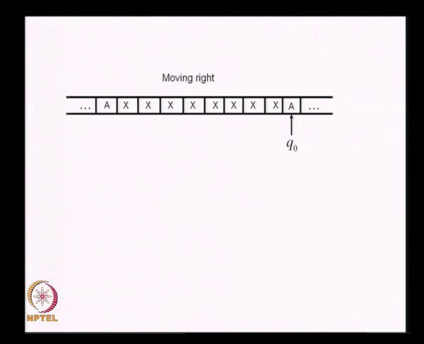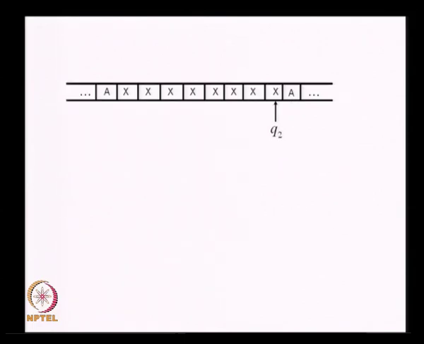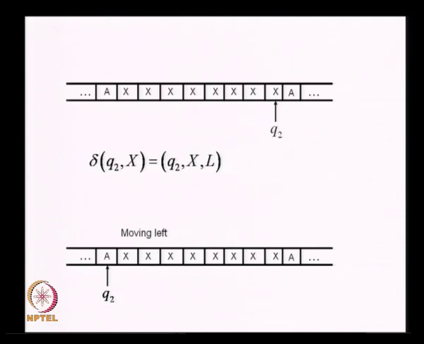Now, when it encounters A in q0, that means it has seen all right parentheses, there are no more right parentheses left. So, it has to check whether there are no more left parentheses. It goes to q2 and keeps on moving left looking for a left parenthesis.